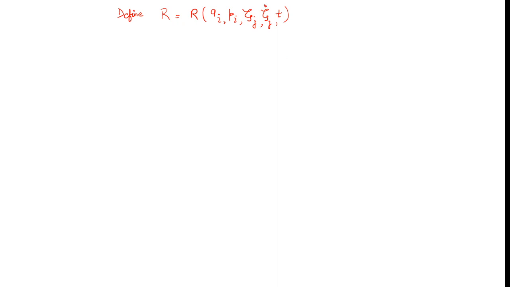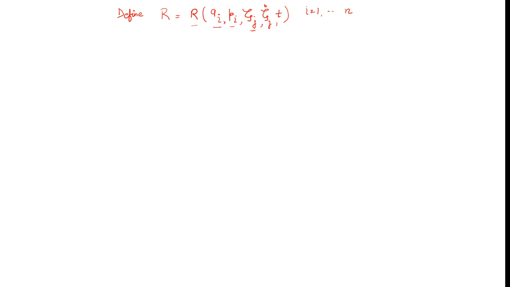You see, in this expression your R is a function of qi. Qi are generalized coordinates where i is going from 1 to n, and pi are representing the corresponding momentum. This is again a generalized coordinate zeta j, and zeta j dot are the corresponding velocities.